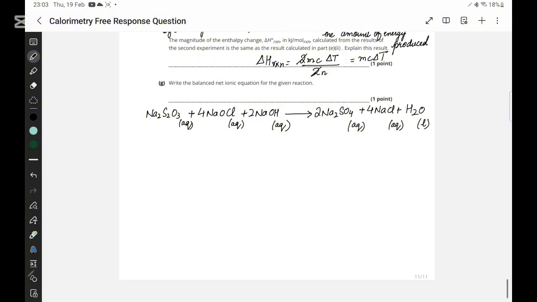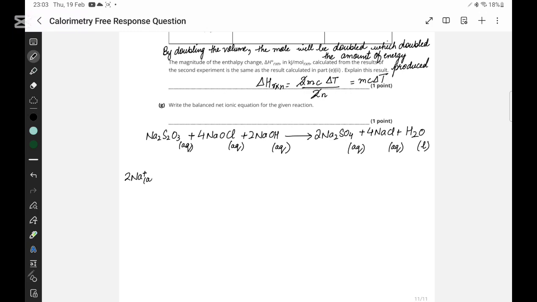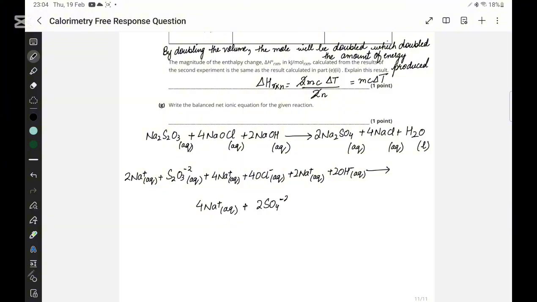It is going to produce 2Na+ aqueous plus S2O3 2- aqueous plus 4Na+ aqueous plus 4OCl- aqueous plus 2Na+ aqueous plus 2OH- aqueous, and they would be forming 4Na+ aqueous, because this 2 is multiplied with this 2, plus 2 sulfate ions in aqueous form plus 4Na+ in aqueous form plus 4 chloride ions in aqueous form, and then we have the water molecule.